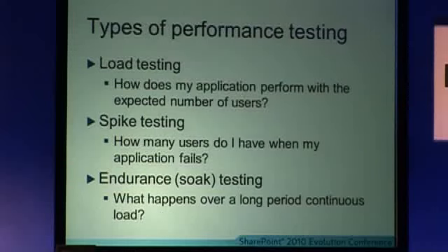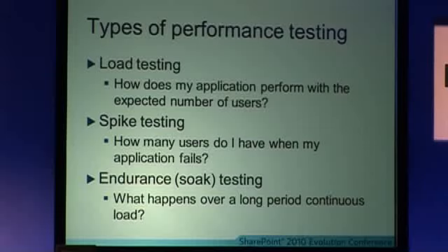So I've talked about performance testing and load testing in the abstract. There are basically three main types of performance testing. There's load testing, which is: I've got a bunch of users, my expected number of users is about this many. How does my application perform when I run a pretty standard set of user journeys against it? How performant is it? The second type is spike testing.